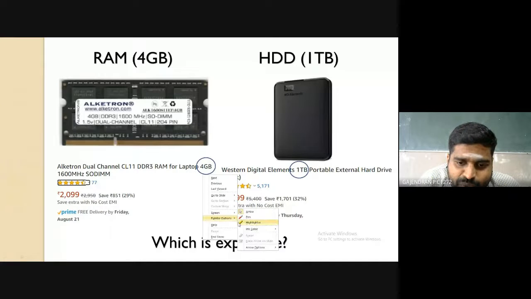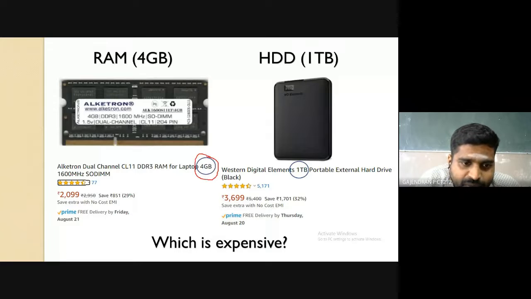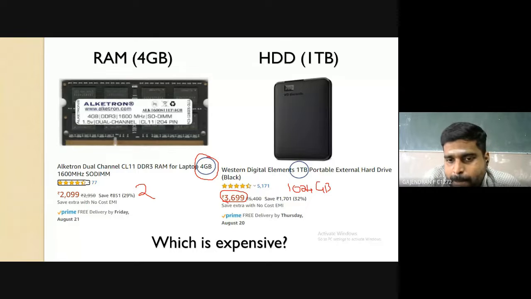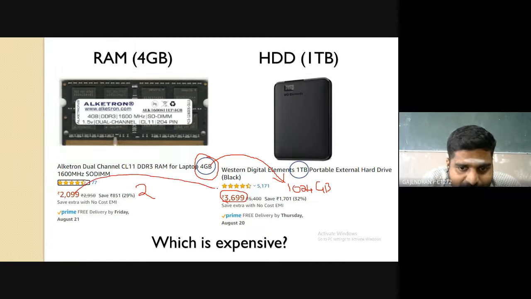Here it is less, 4 GB only. 4 GB 2000. This is 1024 GB, but it's just 3.6. Why? Almost this is 100 times greater, but price per 1600 rupees the difference. Why?